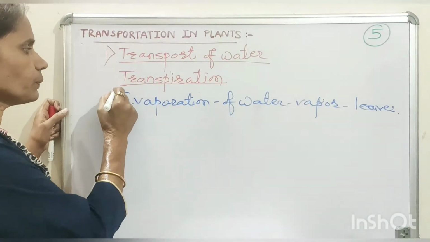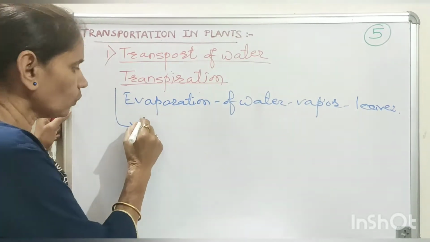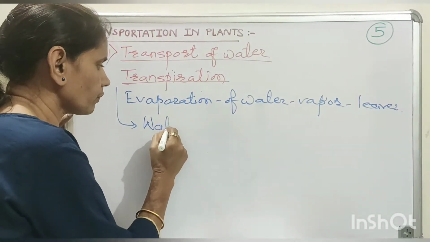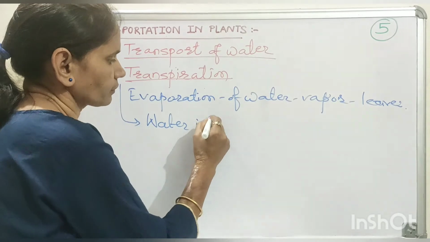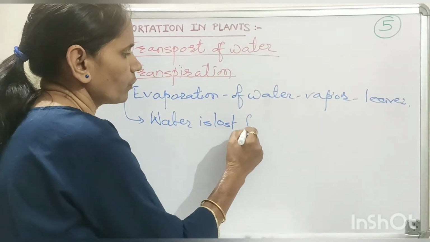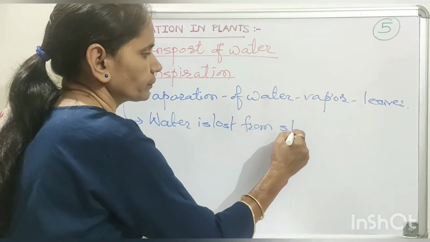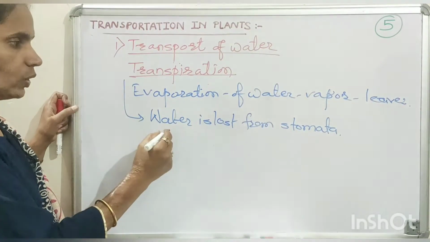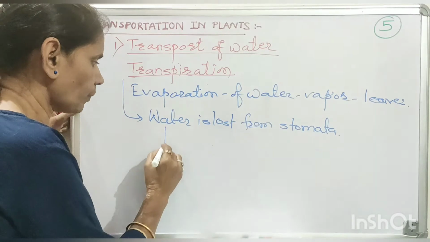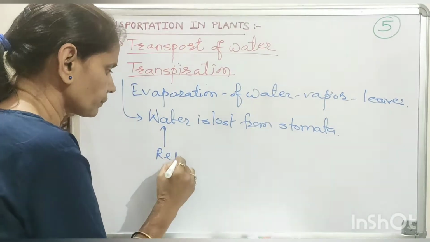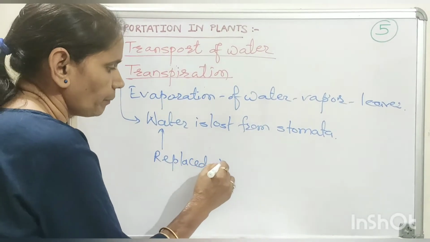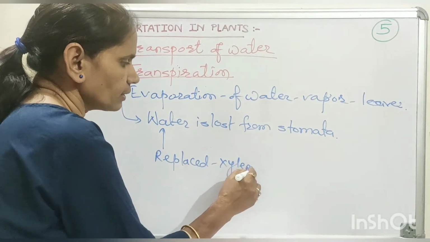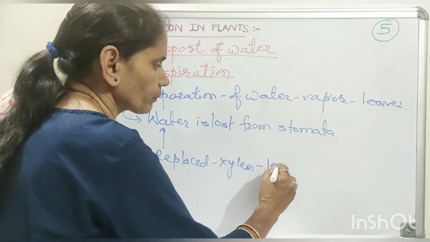So, during this process of transpiration, the water is lost from stomata. Now this water lost from stomata is replaced by the xylem vessels in the leaves.